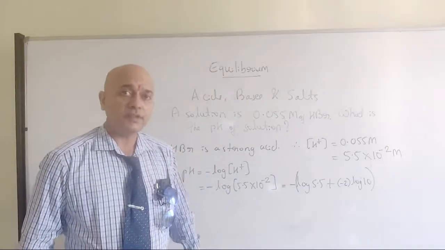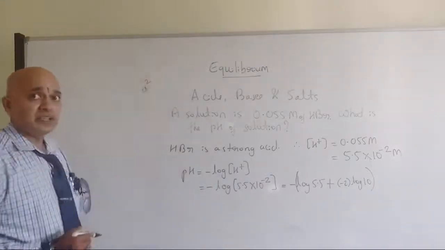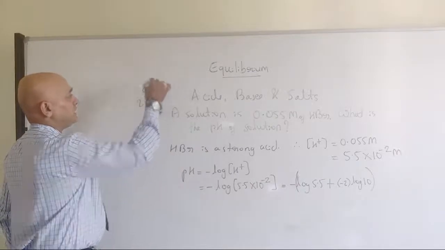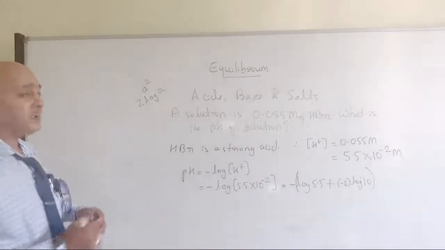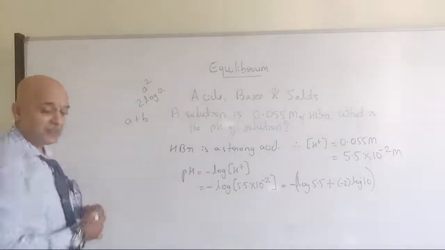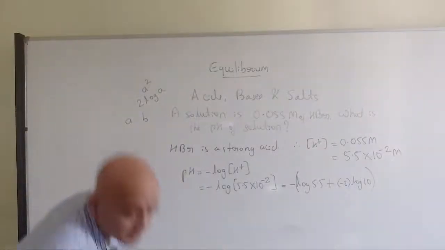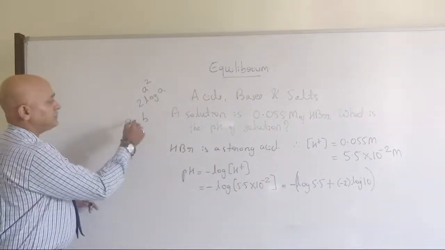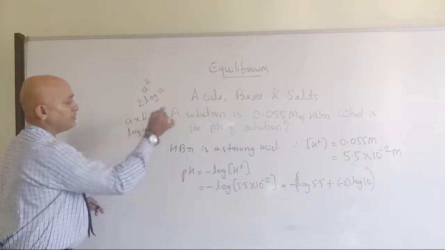Okay, have all of you understood? If I have a square and I want to apply the log to it, it will become 2 log of a. Same way, if I have a multiplied by b and I apply the log, it will become log of a plus log of b.